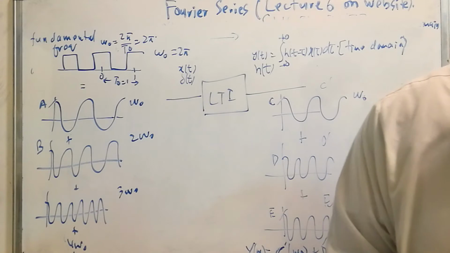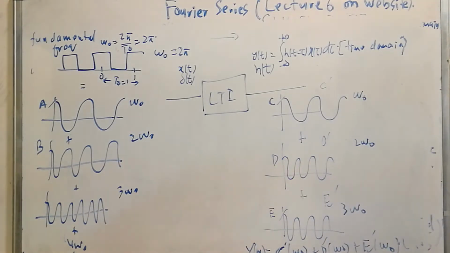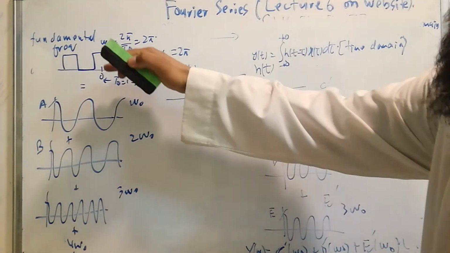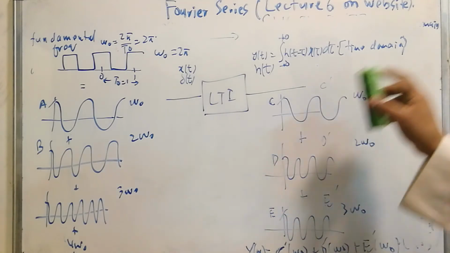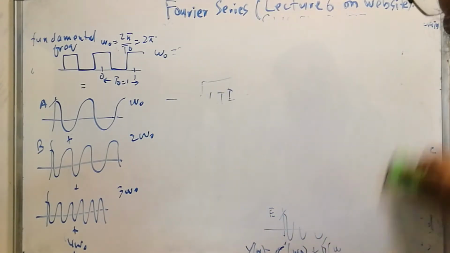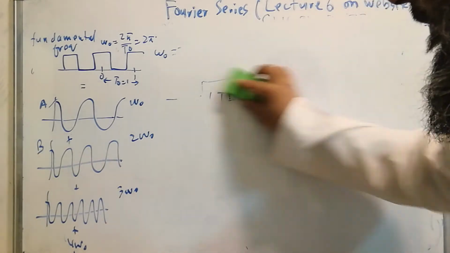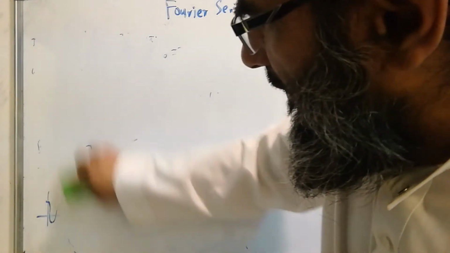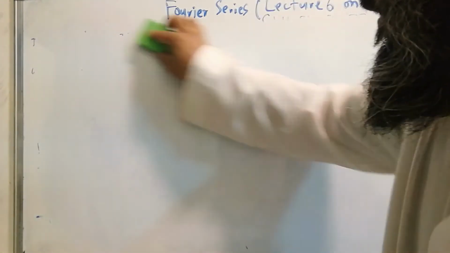Now let us solve an example which will clear the concept of Fourier series. Basically our job is to write any periodic function in terms of its Fourier series. So let us look at an example which is also from lecture number 6 on the website.